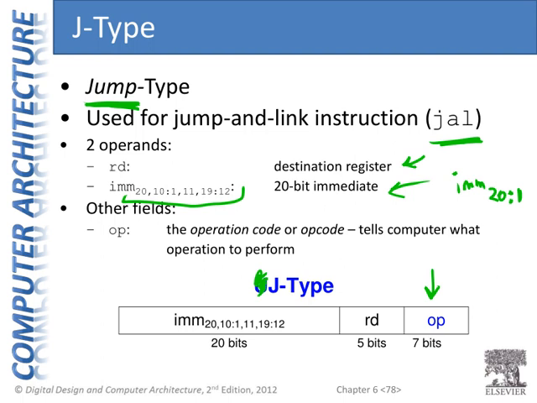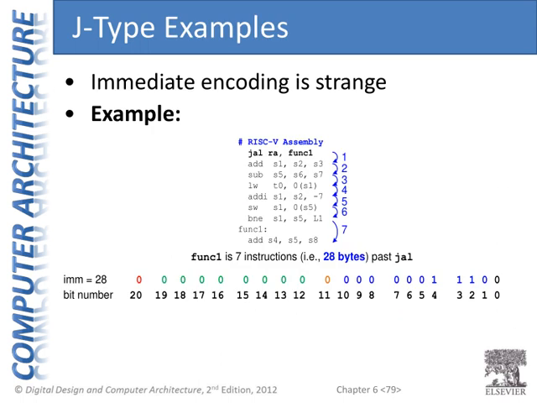Okay, so let's look at this J-type instruction for jump and link. We actually never use the and link part, but I'll show how to do that right now, where we write PC plus 4, the address of the next instruction, into some destination register, RD. Up until this point, we've just written JAL func1 or whatever label it is, and that still works.